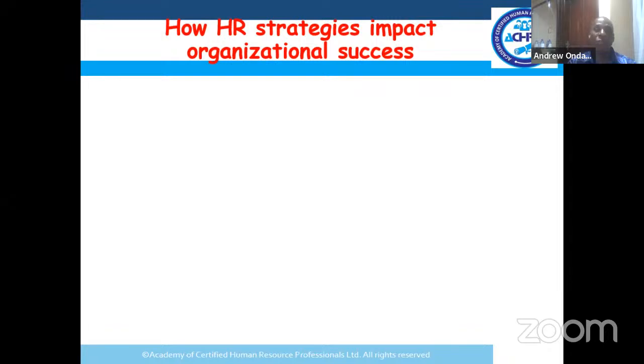And here we want to link HR strategies with this organizational success. That as HR managers, we have the strategies that we have just discussed, and then we mirror them on the vision. Are these strategies achieving the vision? Two, are they achieving the strategic plan or strategies that you have formulated for yourself?